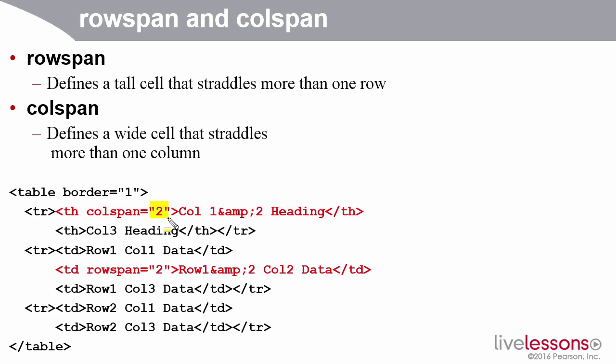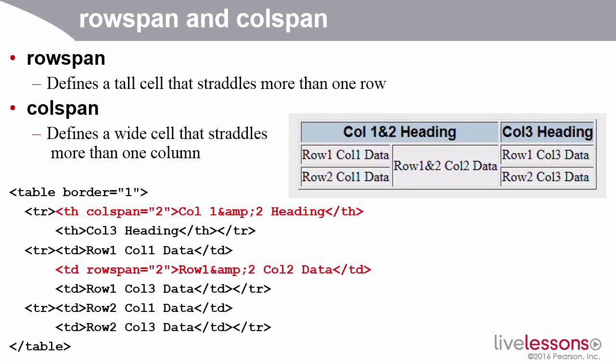So this first heading will span 2 columns. So I got this big heading over here. Normally each tr has the same number of elements. And the first tr had 2 elements, but one of them said colspan equals 2. So you have to remember when you get to the second row, there's really 3 columns because one of the headings in the first row spanned multiple columns, so then I have to have 3.